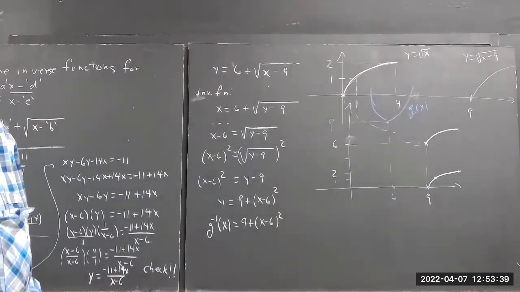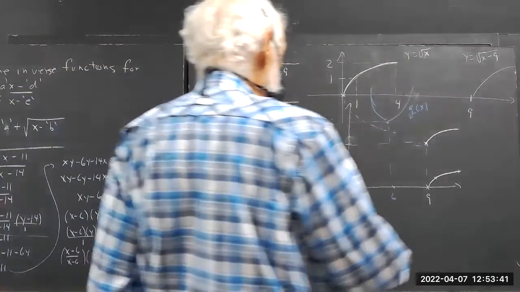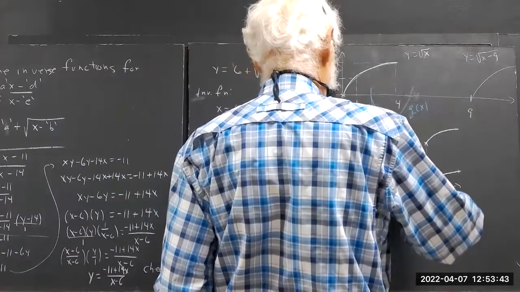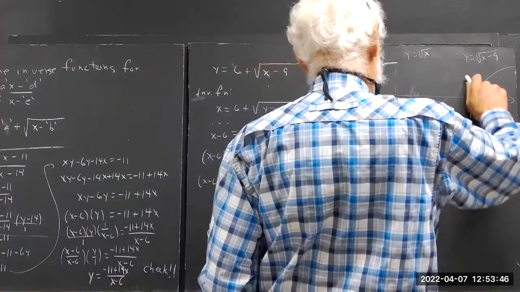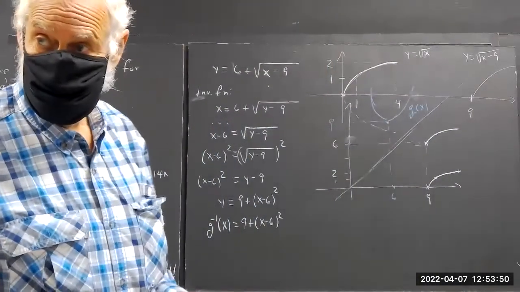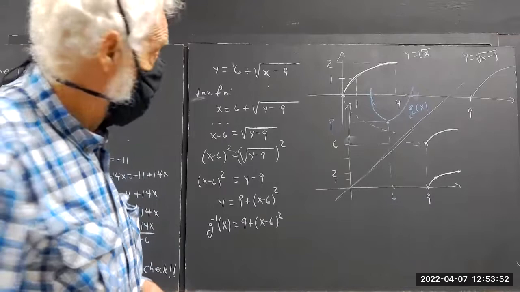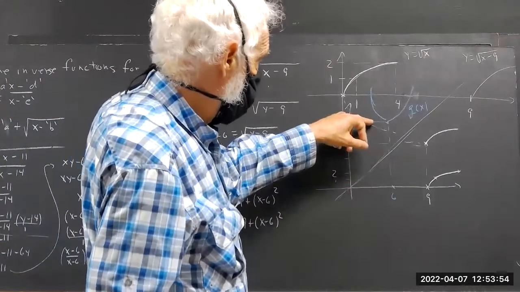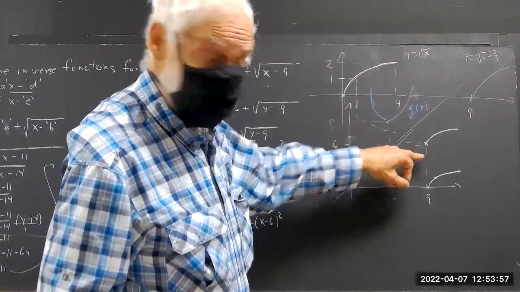Okay. Now, does it make sense that these coordinates are the reverse of these? Okay, well, this point is 6, 9, this point is 9, 6, right?